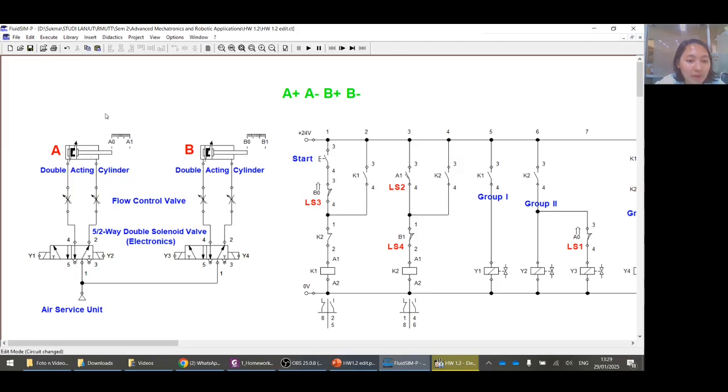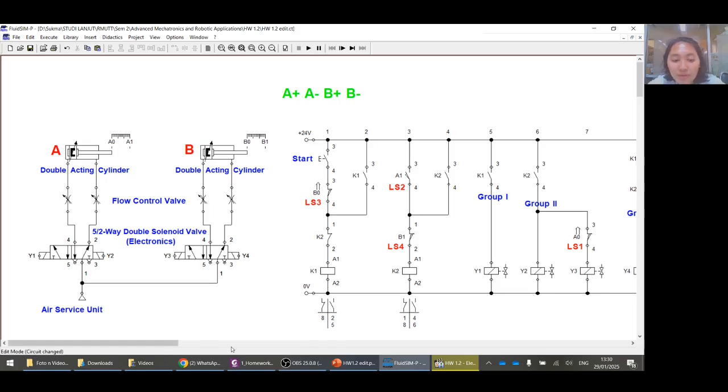This is the double acting cylinder, cylinder A, cylinder B, the symbol of the flow control valve, and this is the symbol of the 5/2-way double solenoid valve, electrically operated, and this is the air service unit.